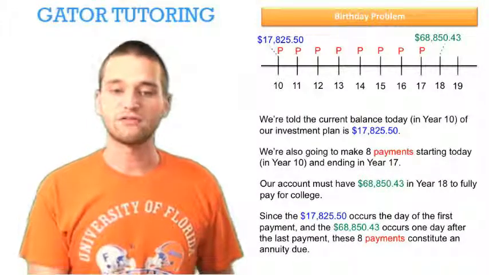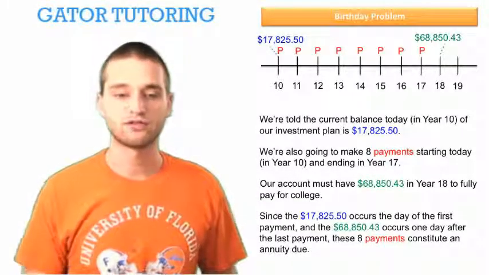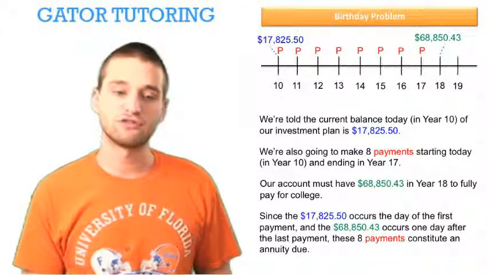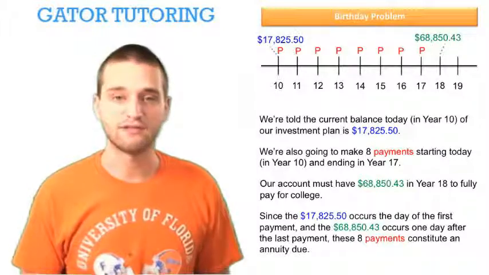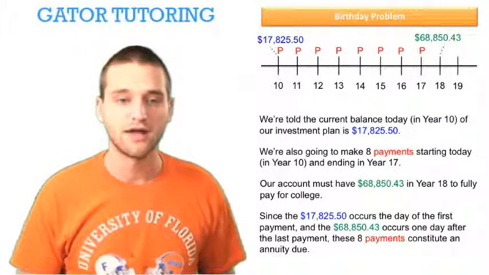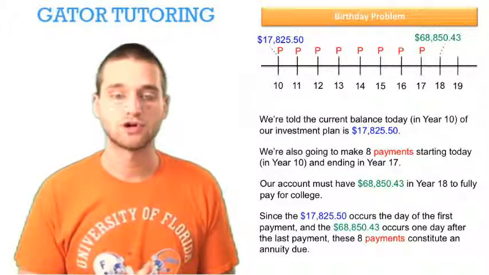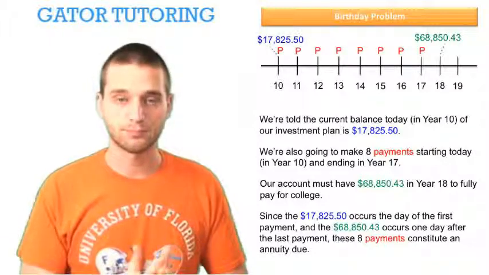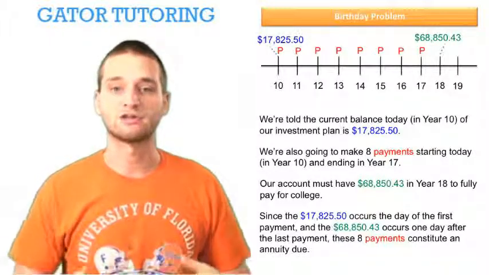So since the $17,825 occurs the day of the first payment, and the $68,850 occurs one day after the last payment, these 8 payments actually constitute an annuity due. And we can see that again by looking at this time chart. In an annuity due, the first date, the present, is the date at which the first payment begins.